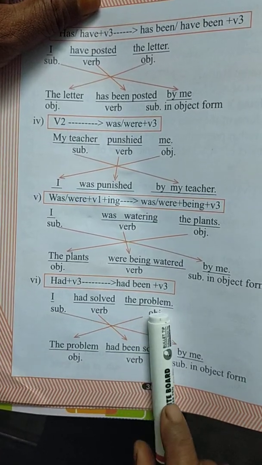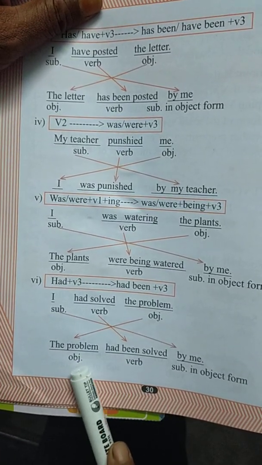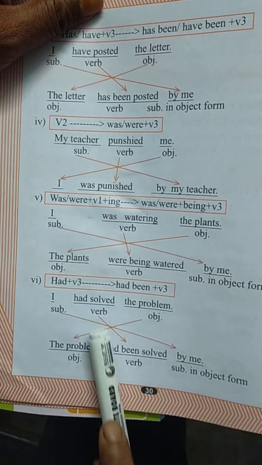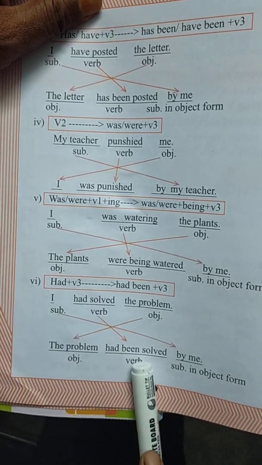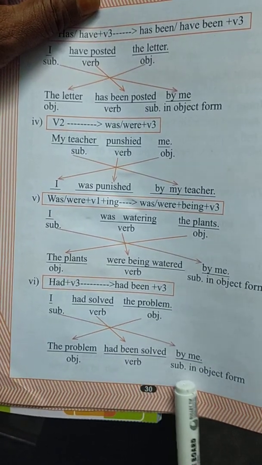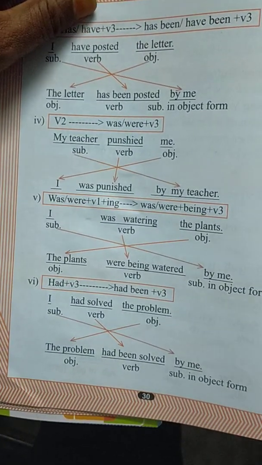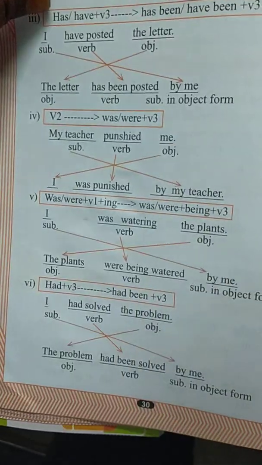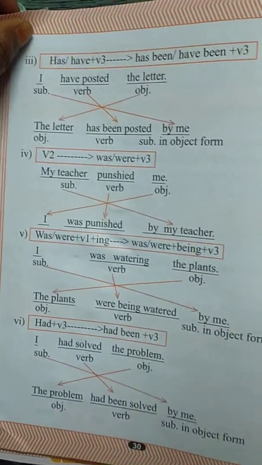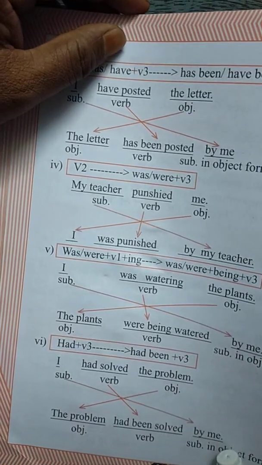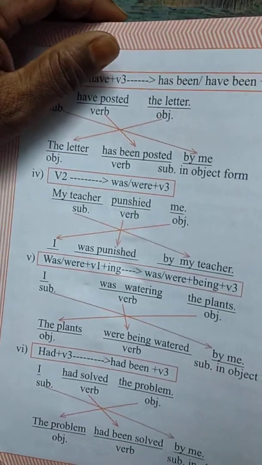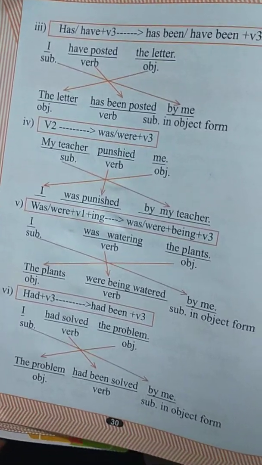So the object will come first, the problem. The verb will come next, had been solved. The subject will be last, by me, subject in object form. So we have already completed these formulas. On the next day we will read page number 31. Till then you have to do it in your homework.